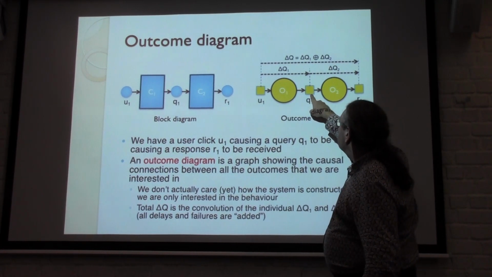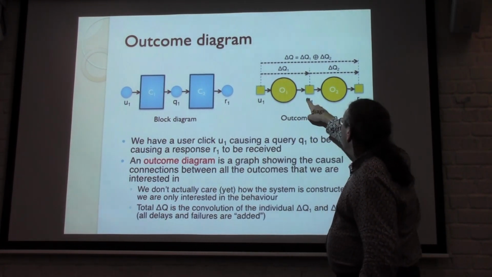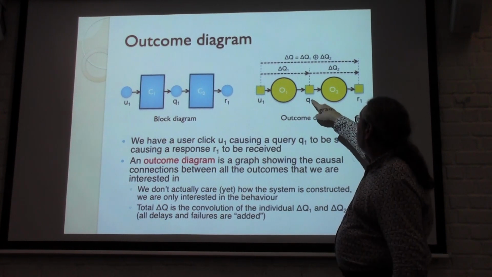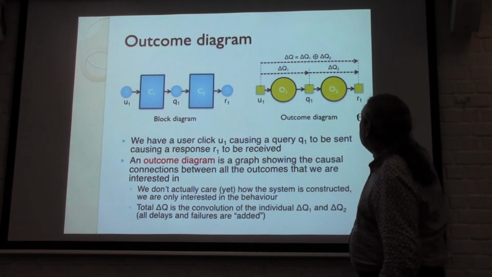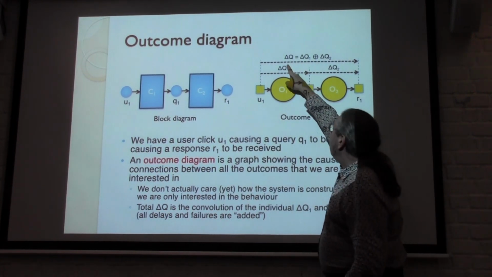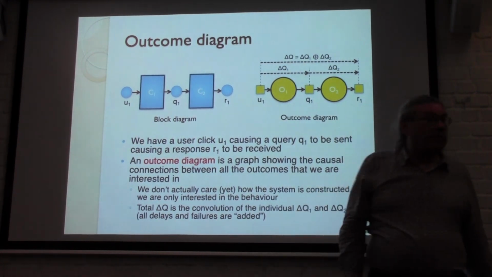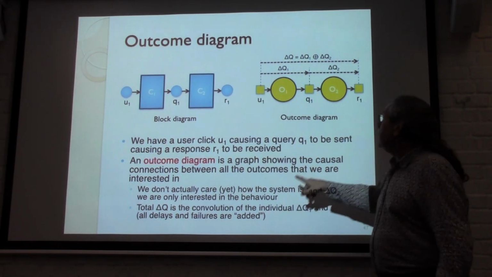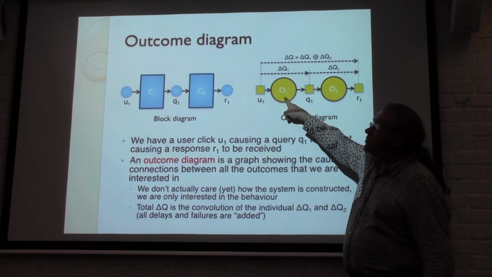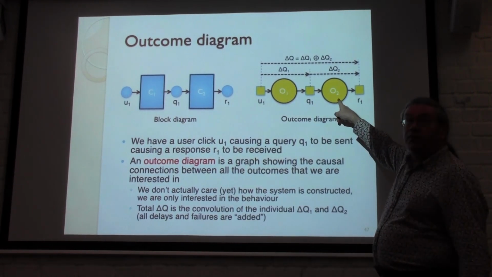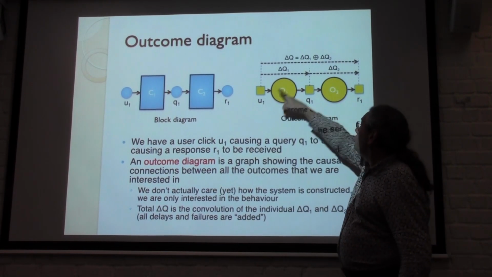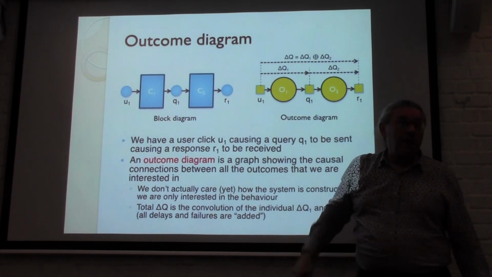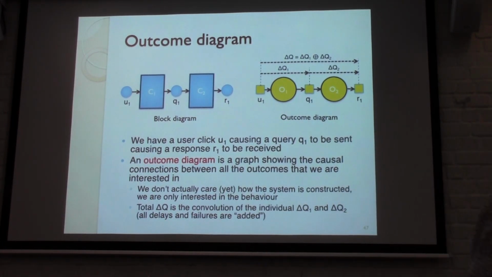So Q1 is the result of O1, but it's the start of O2. The overall delta Q is just the sum, the convolution. And that adds delay and failures. If this one has 10% failure, and this one has 5% failure, this convolution will show you that the overall system has 15% failure.